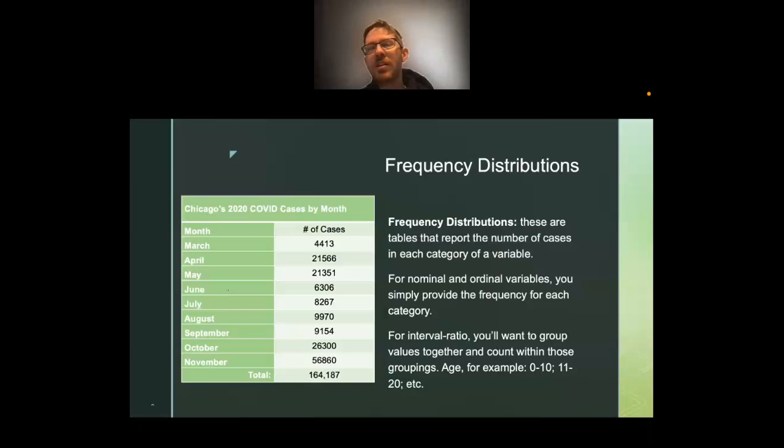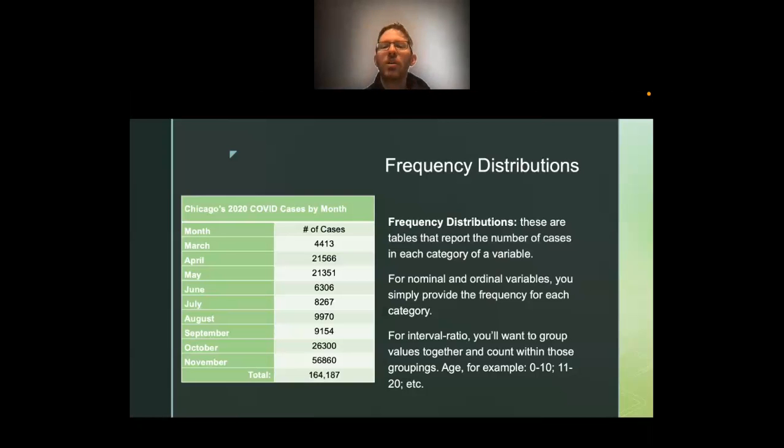When you have something like an interval ratio variable, like age, instead of reporting how many cases are for every age, right? That would be a super long table with you counting how many people who are just born, how many 1-year-olds, how many 2-year-olds, how many 3-year-olds, etc. So often they will group those values together and count.